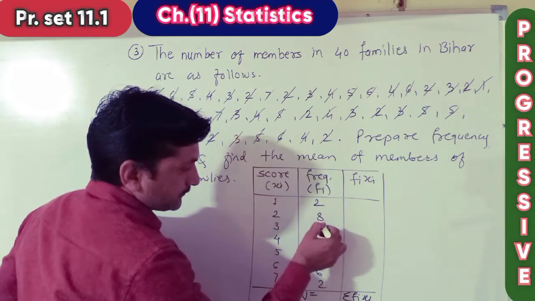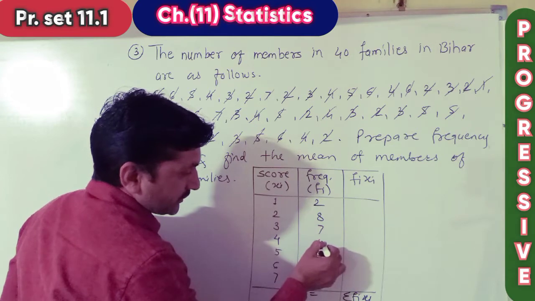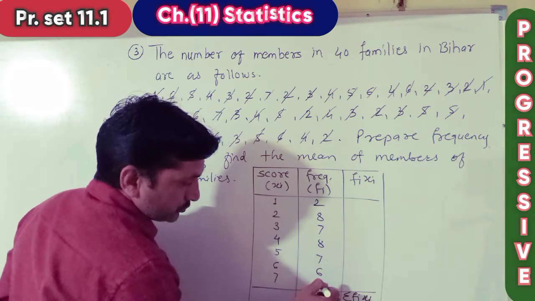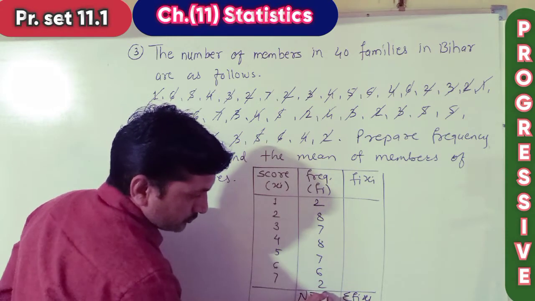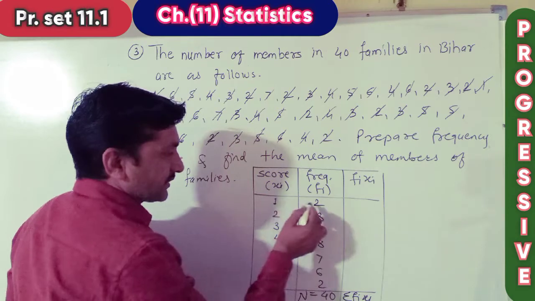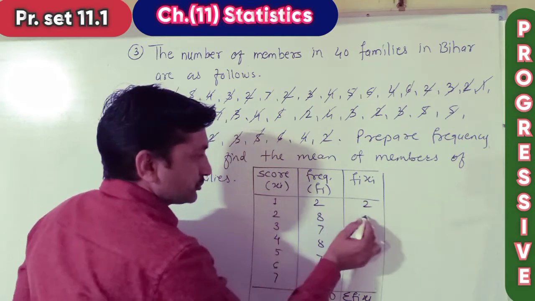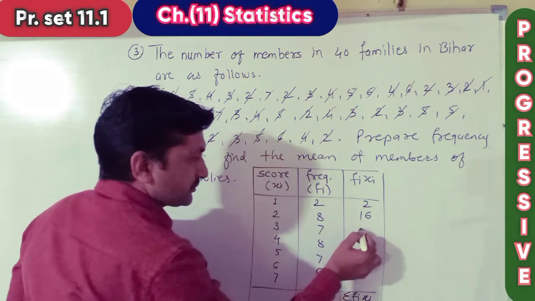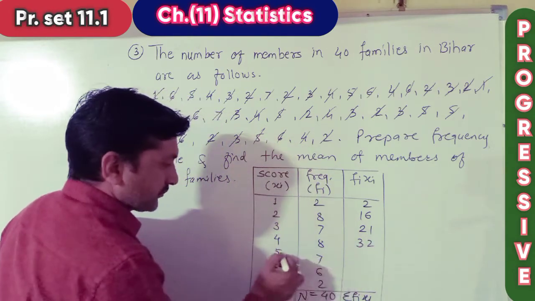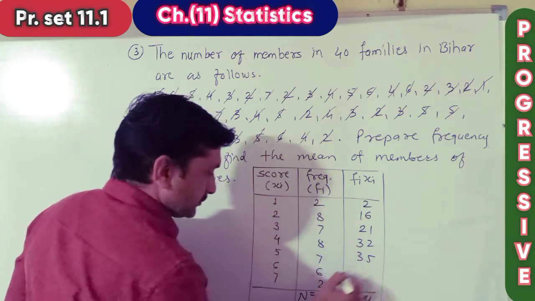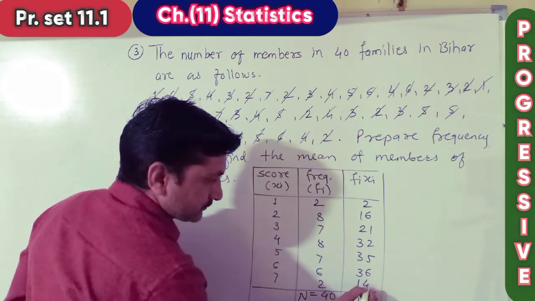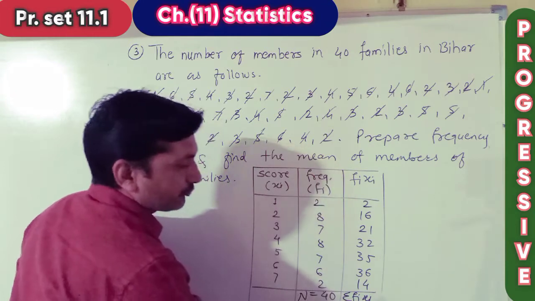Now here 10, 20, 25, 30, 32, 40. n is equal to 40. Now the product fi xi: 2 ones are 2, 8 2s are 16, 7 3s are 21, 8 4s are 32, 7 5s are 35, 6 6s are 36, 7 2s are 14, and here the sum of these.